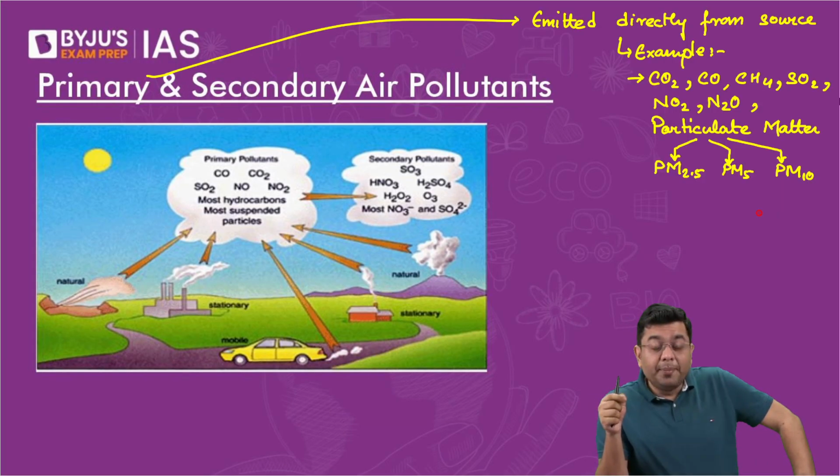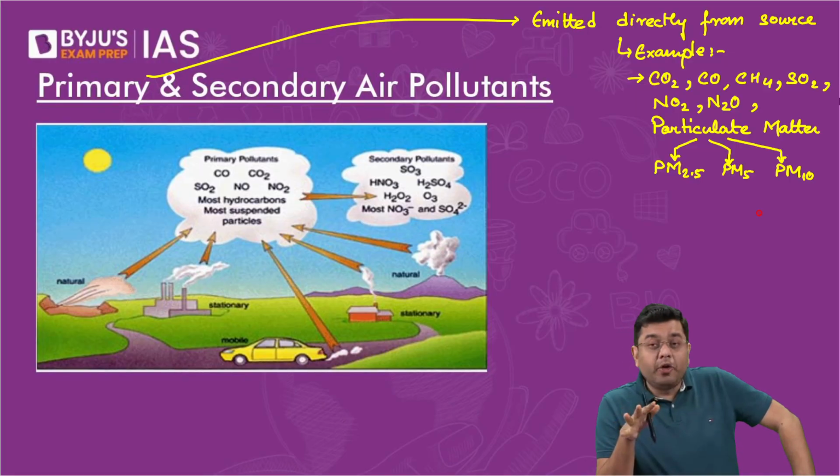Basically, these represent the size of the pollutant which is released. So when we say PM 2.5, we are talking about a pollutant which has a size of 2.5 microns, right? When we say PM 10, we are talking about those pollutants which have a size of around 10 microns, right? So all these are constantly emitted into the atmosphere from the sources themselves.